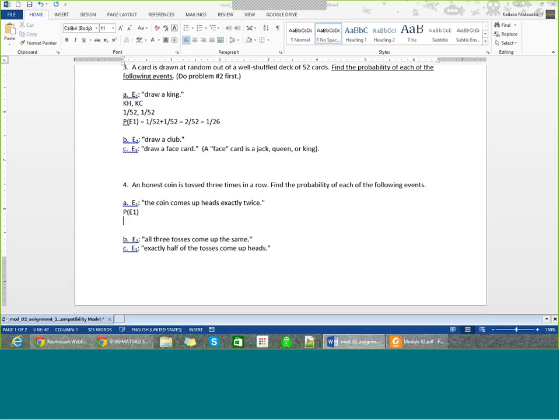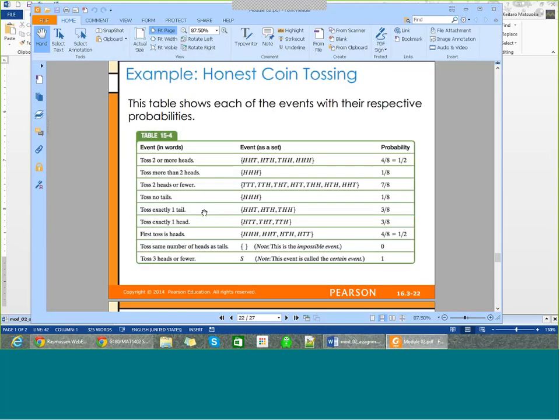So the coin comes up heads exactly twice. Well, if you look at the slides, here's the first one: toss 2 or more heads. In this case, I'm looking for exactly 2 heads. So that's 1, that's 1, and that's 1, and that's not it. For each one of them, it's 1 out of 4.